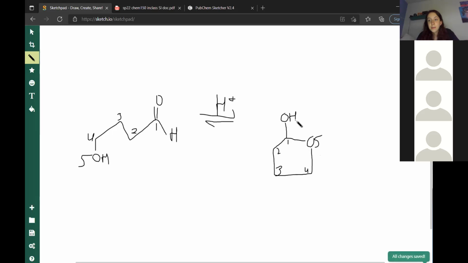Now remember, it is a hemiacetal, and so you are going to have this OH hanging off because once it becomes a full acetal, there's going to be no more OHs. So if you write the OH up here, that is correct, because remember, hemiacetal.